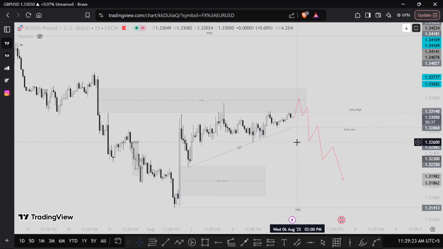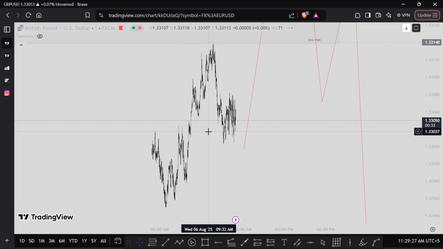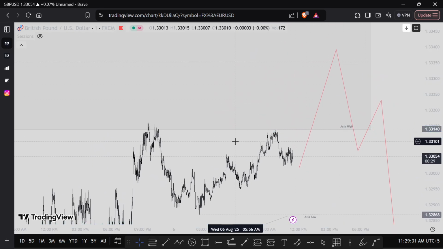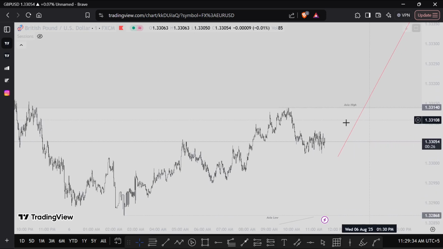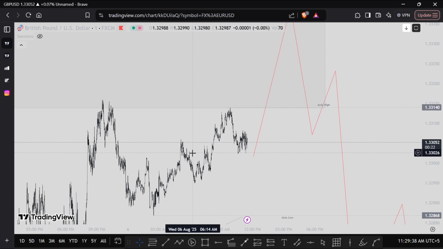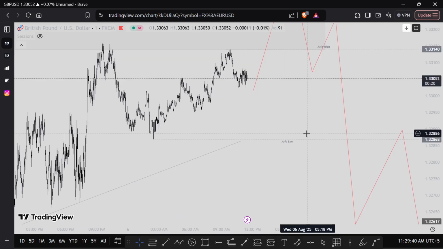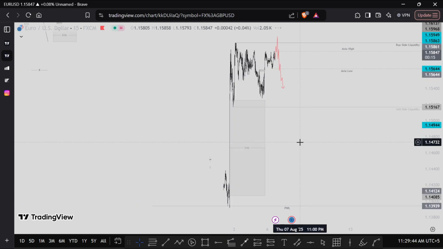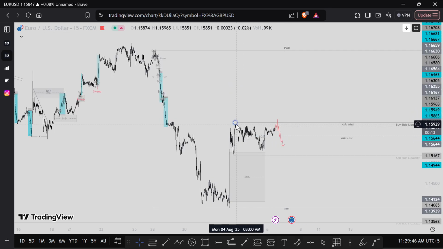About reversal points, they could be somewhere on GBP USD. This H1 imbalance could be a reversal point, or maybe after sweeping this high it could reverse. For GBP USD the reversal points aren't confirmed yet, but for EU I can say that EU may reverse from sweeping this high.